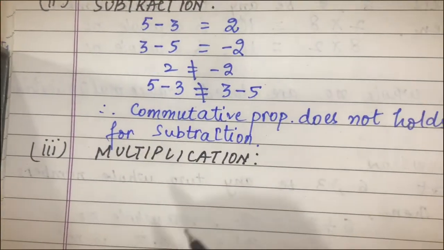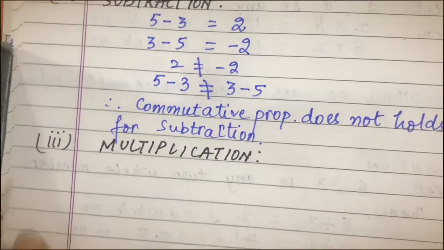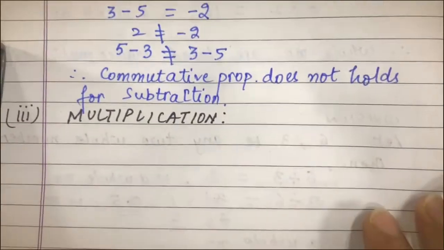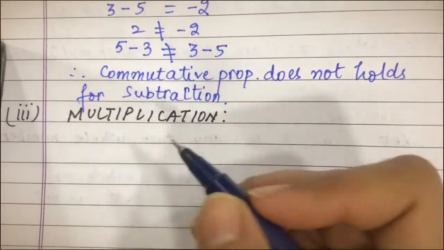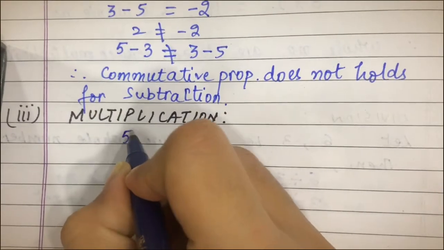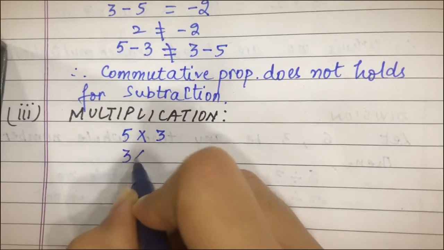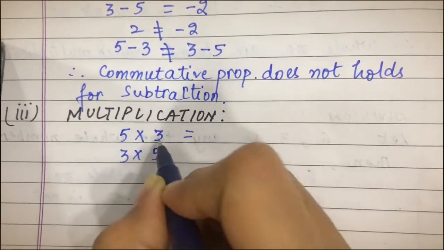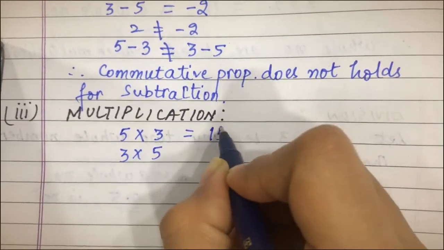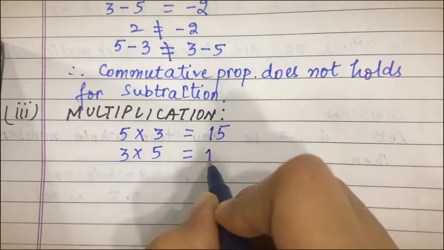Again, let's assume 5 and 3 be the two numbers, right? Let's multiply. The two possibilities of writing the two numbers with the operation multiply are 5 multiplied by 3 or 3 multiplied by 5. What is 5 3s? 15, right? And 3 5s are 15.